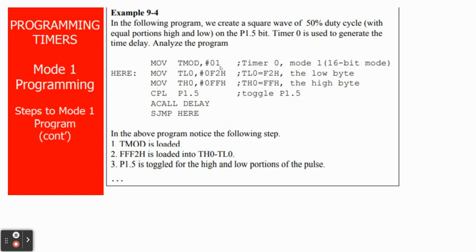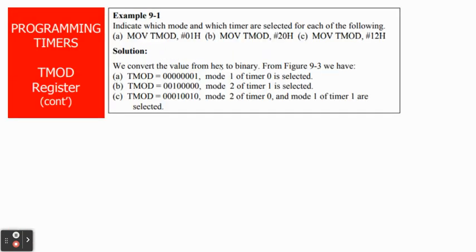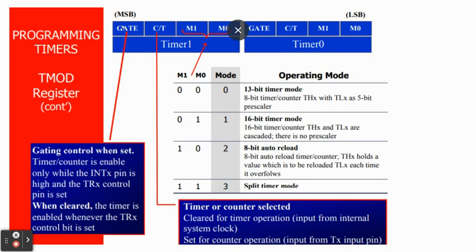And for the number 1, this is hex 1. In binary, that's actually 0001. So the first 0 represents the gate, the second 0 represents C/T, and the last two digits 01 represent the mode. And because that's 01, it will be mode 1. If you still don't understand, we can go back to the table here.